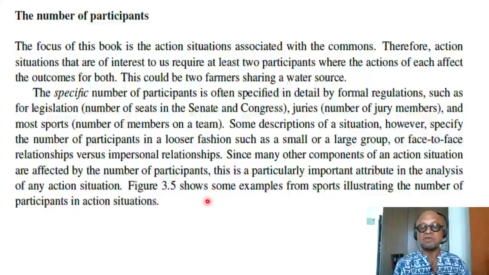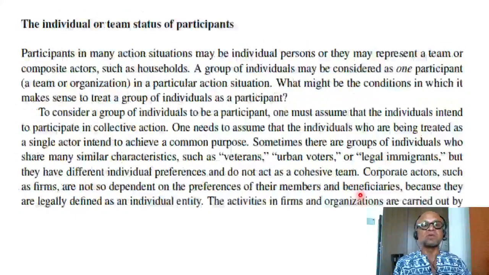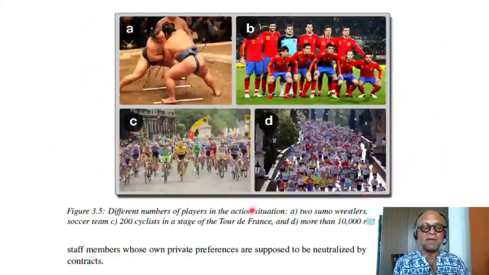Figure 3.5 shows some examples from sports illustrating the number of participants in action situations. So let's look at this and then go back. Different numbers of players. Sumo wrestling has 2 with a referee of some sort.